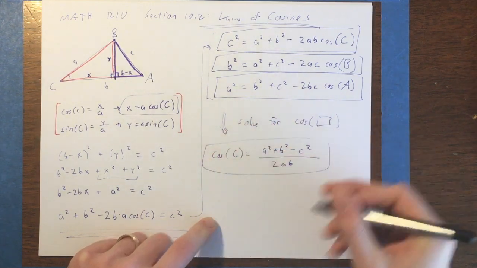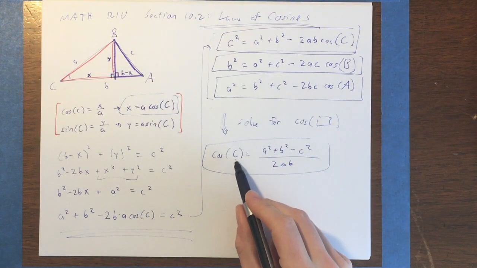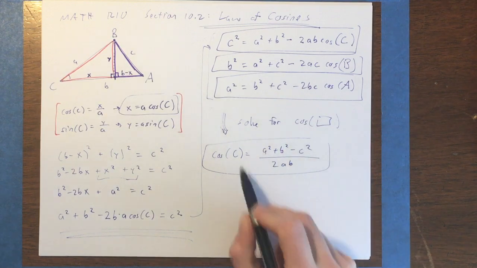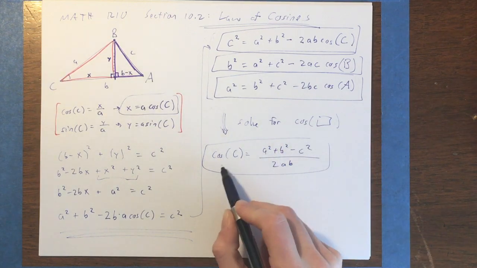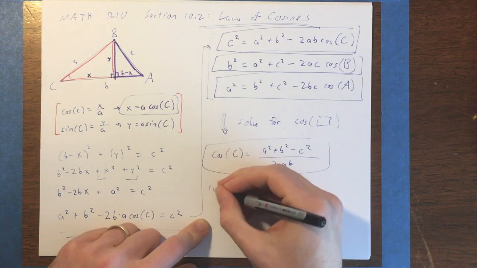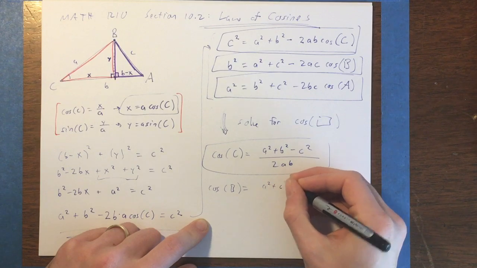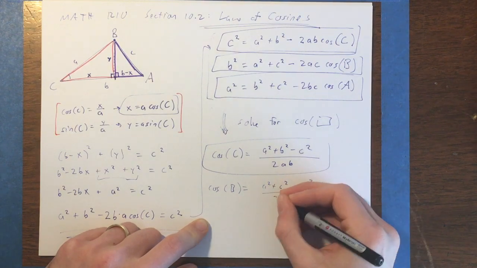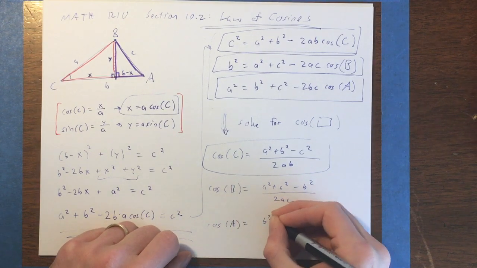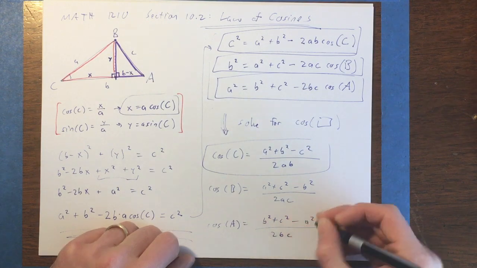You can calculate this, which uses all three sides of the triangle, and then do an inverse cosine to get the c value back. The version for b is a squared plus c squared minus b squared over 2ac. And the version for a is b squared plus c squared minus a squared over 2bc.